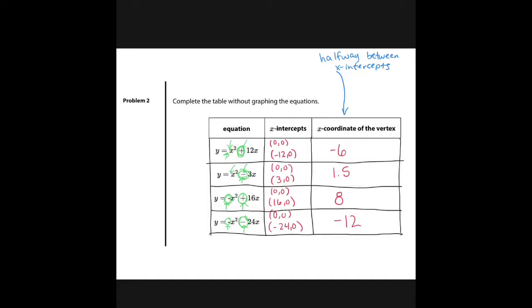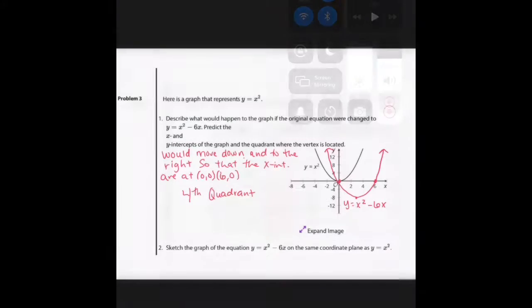And so then finding the x-coordinate of your vertex, it is halfway between both of your x-intercepts. And so halfway between 0 and -12 is -6, and so on. Number 3, here's a graph that represents y equals x squared.